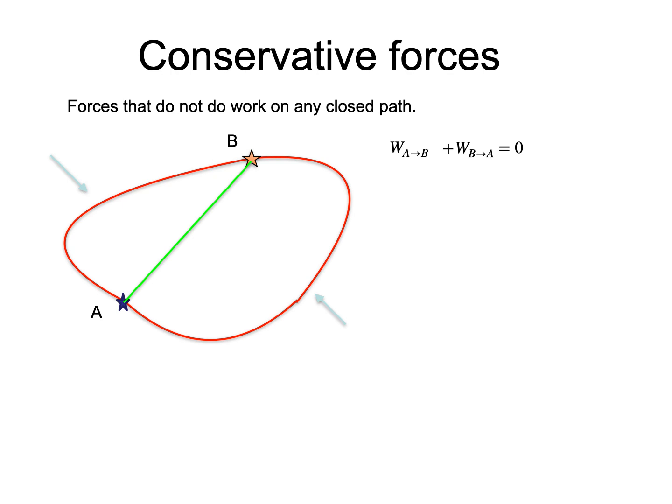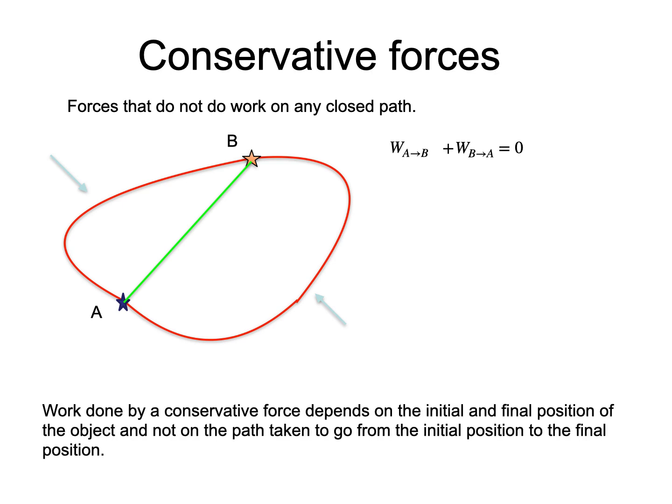W_B→A does not change value, which means that W_A→B should not change either, so that those two values of work still add up to zero. The consequence of this is an alternate way of characterizing a conservative force, that is, that the work done by a conservative force depends on the initial and final position of an object and not on the path taken to go from the initial position to the final position.